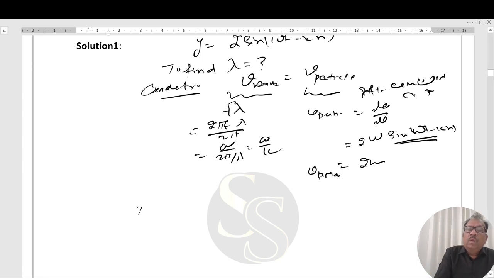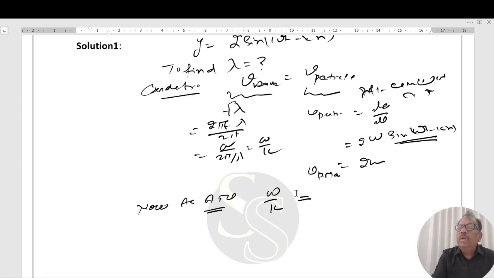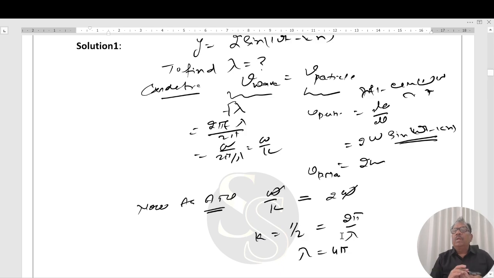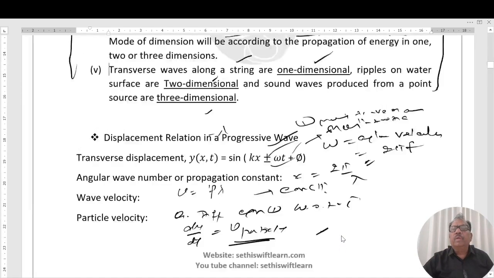Now, according to the question, wave velocity, that is omega by k, is equal to particle velocity 2 omega. This gives k equal to 1 by 2. k is equal to 2 pi by lambda, so lambda comes out to be 4 pi.